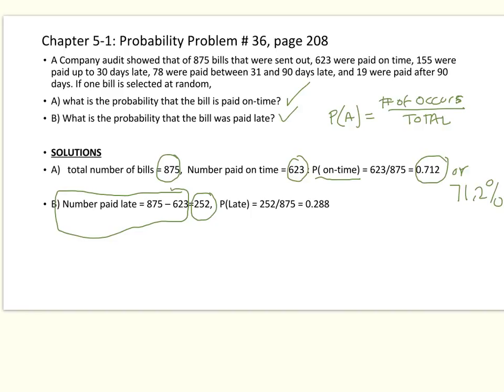So the probability of being late is just the ratio of 252 divided by 875, which is 0.288. And in percentages, that would be 28.8%. So 28.8% of the bills were paid late for this company.